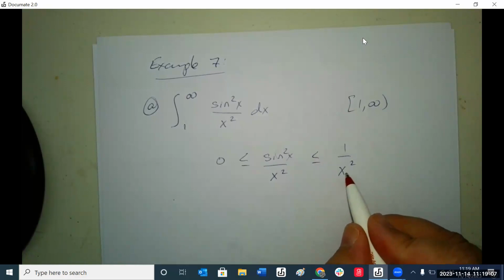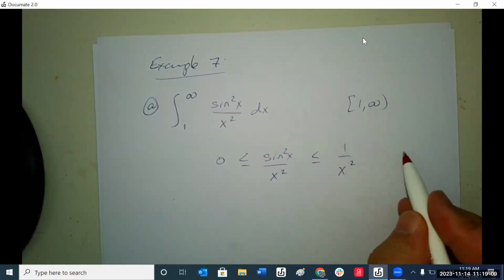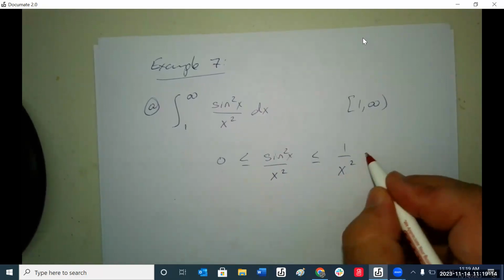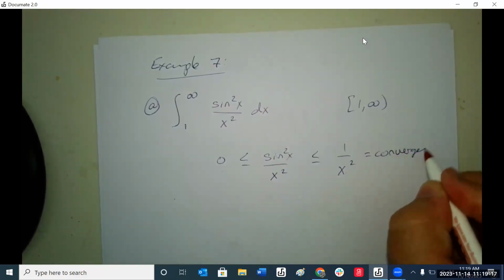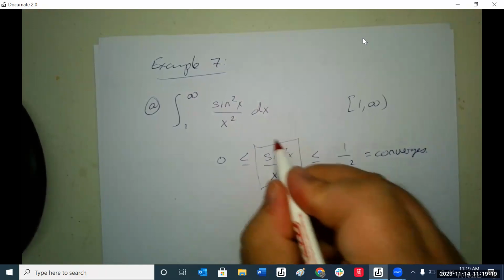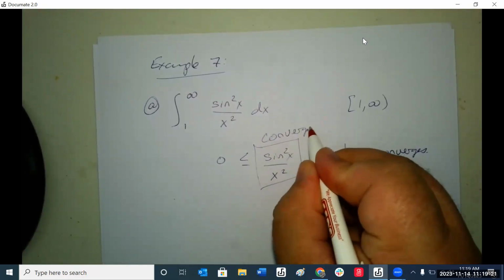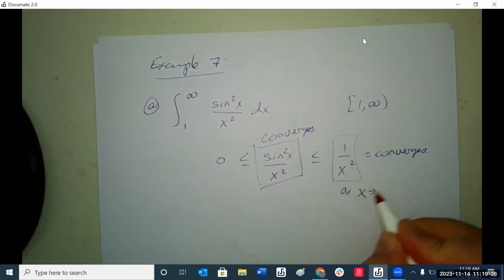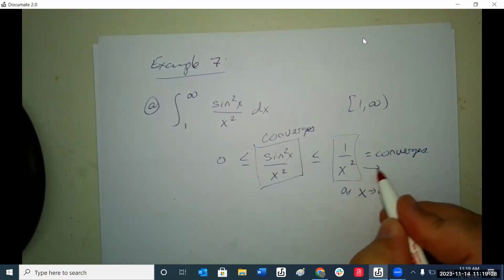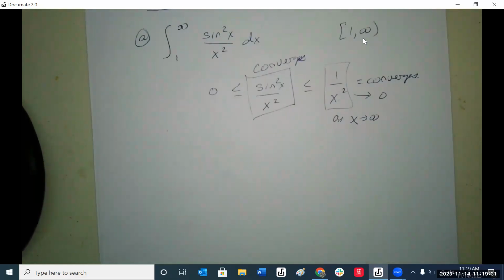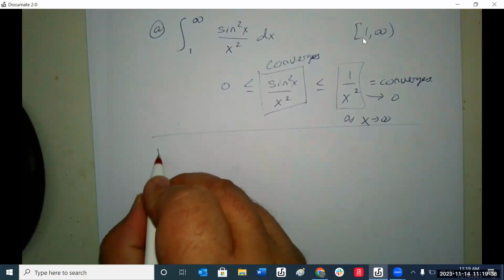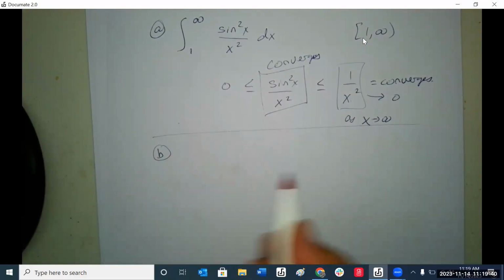And as x goes to infinity, this one goes to 0. So since it's bounded by that, it converges. Because this function here, as x goes to infinity, goes to 0. So we're saying that this function also converges, or the integral of it does.